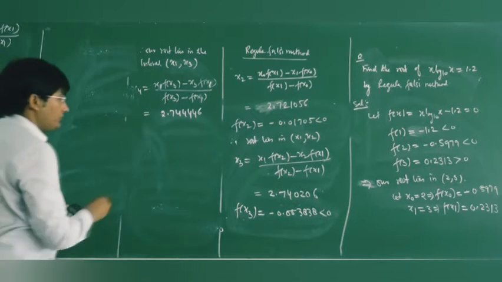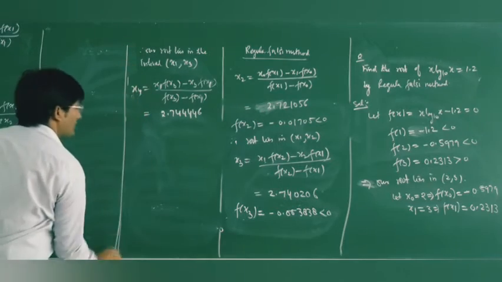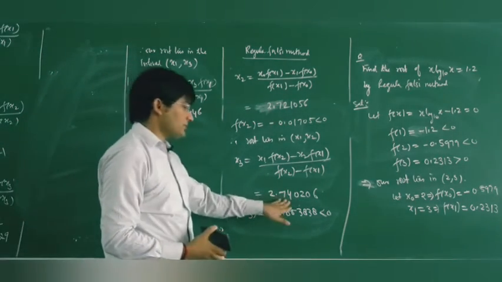So we have this x4. Now you can see that our root is correct up to decimal 2 places.